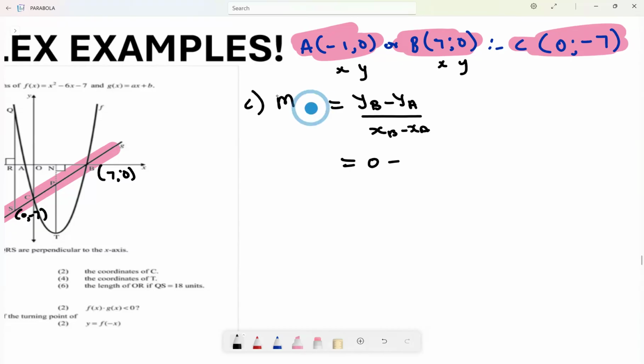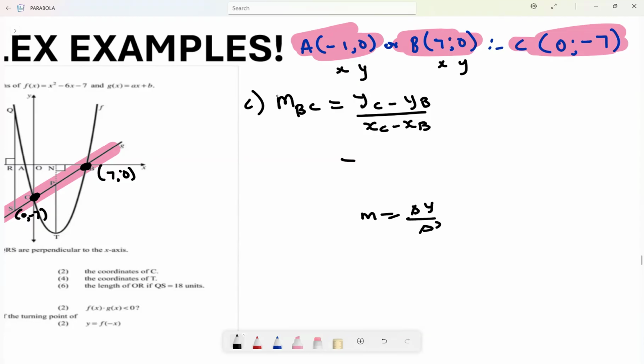Oh, sorry, not AB, between B and C. Sorry about that. The gradient between BC is going to be the y coordinate of C minus the y coordinate of B, divided by the x coordinate of C minus the x coordinate of B. Remember, the gradient formula says m equals change in y divided by change in x, which is basically y2 minus y1 divided by x2 minus x1.